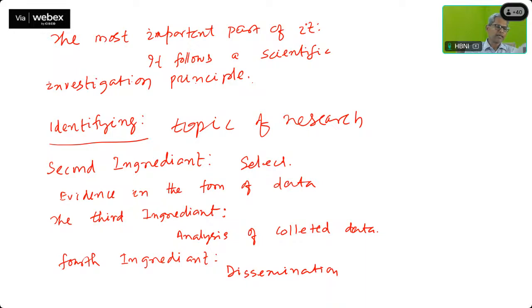So the next thing I'm going to tell you is types of research. As I listed earlier, that means we are going to study these things. Before that, let me tell you what is research method and research methodology.